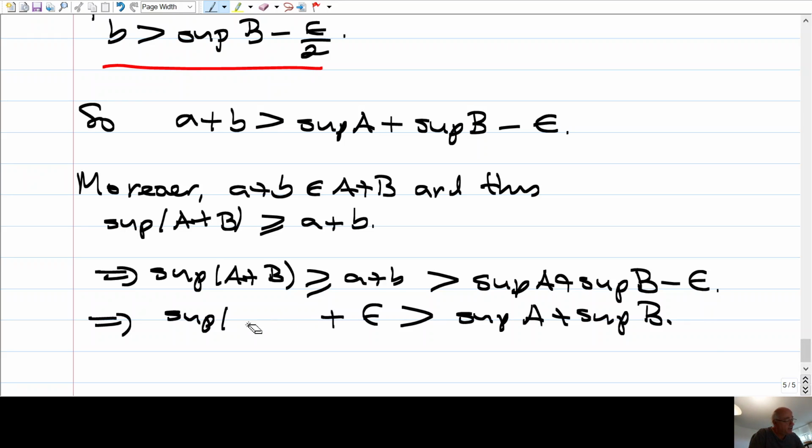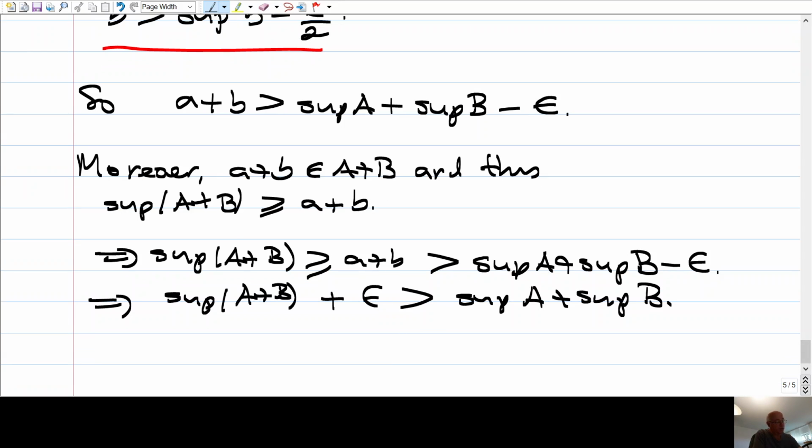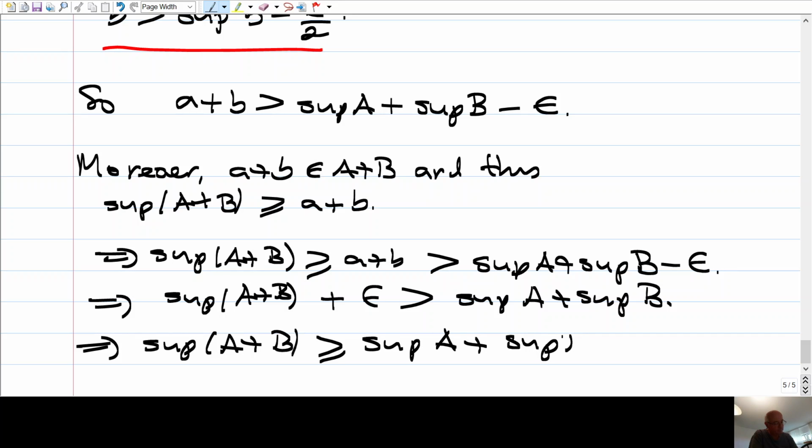Well, actually, I got something a little bit stronger than I wanted to prove, right? I got strict inequality, but if this is true, then of course I have this. If this is larger than this, then it is larger or equal to this. And this is what we wanted to prove, right?